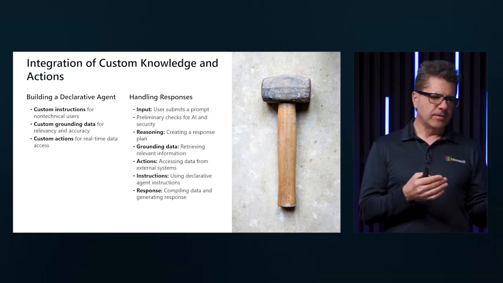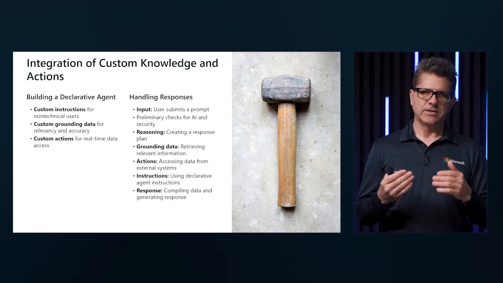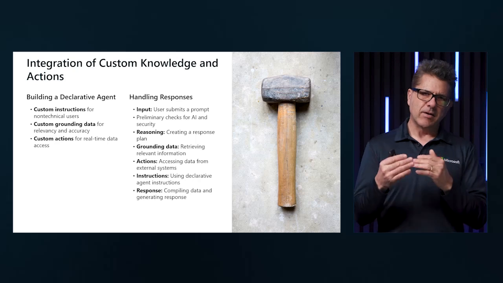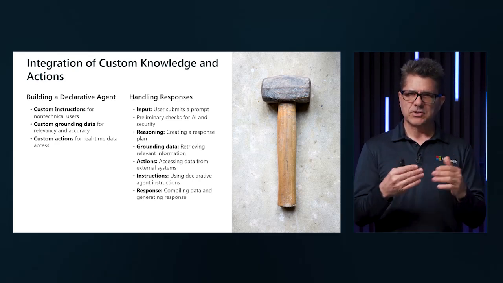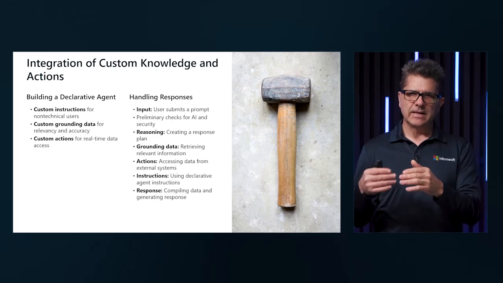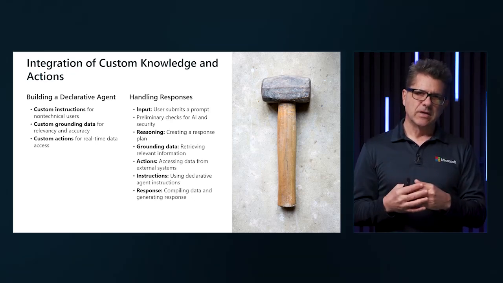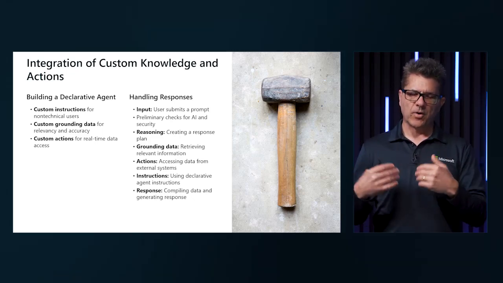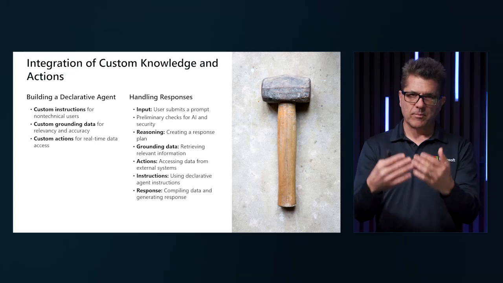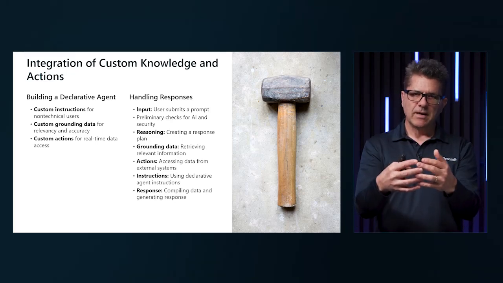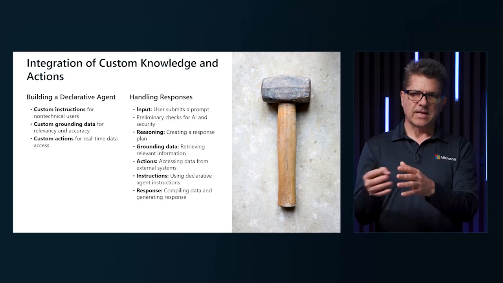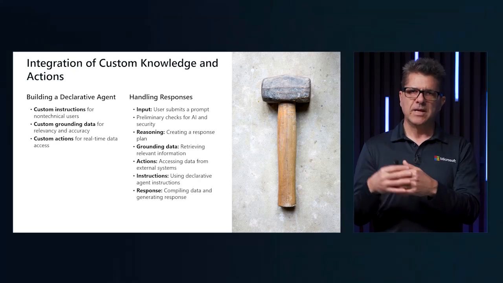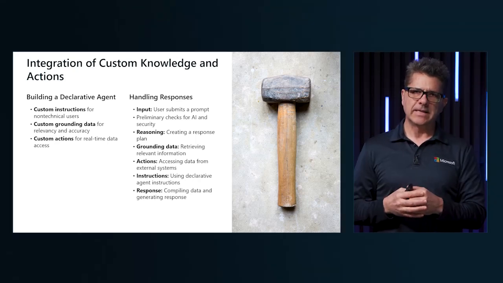Now, when we talk about the integration of this declarative agent and the action, a declarative agent uses action instructions or custom instructions, grounding the data and, of course, the actions to respond to the user prompt. I make a request or a prompt, it will do something and will use that capability, right? The instructions that I'm telling you, how I want this data to be based on that grounding data.